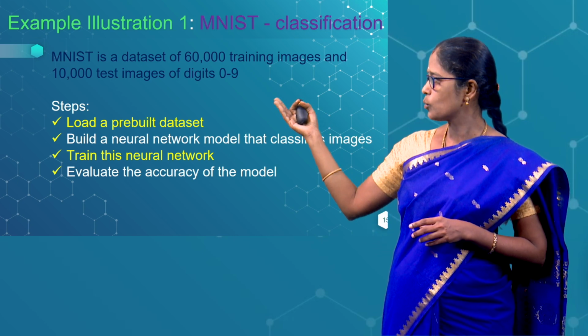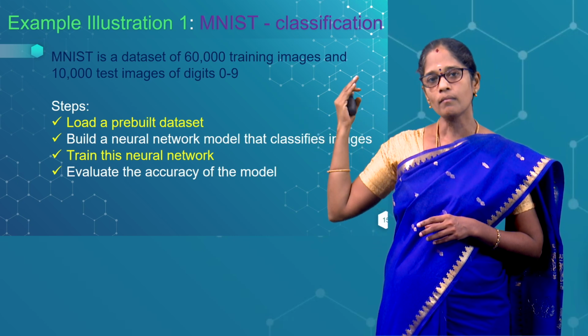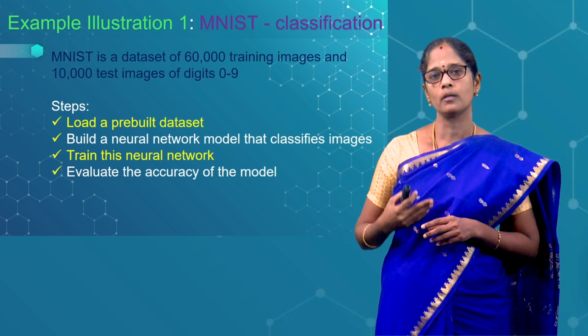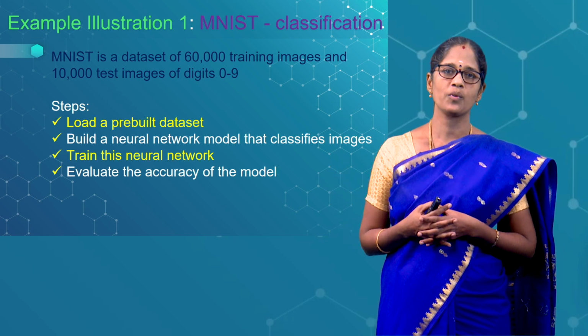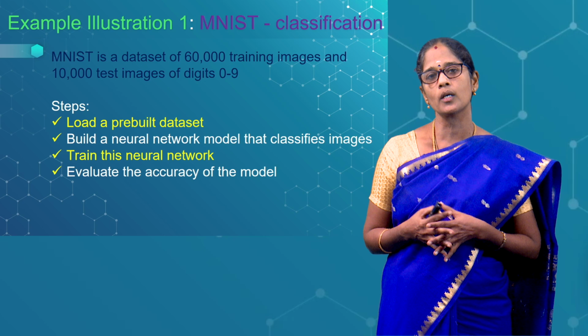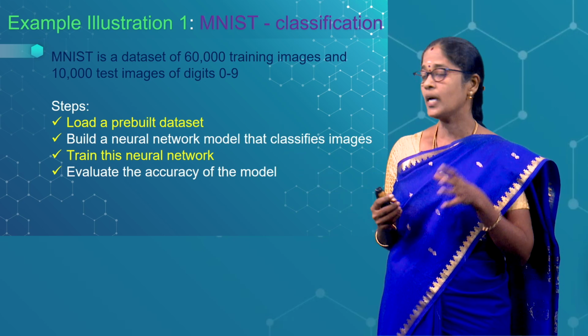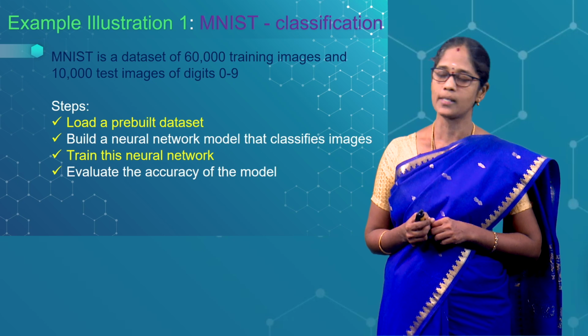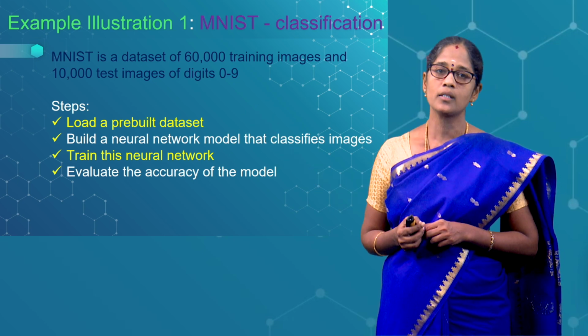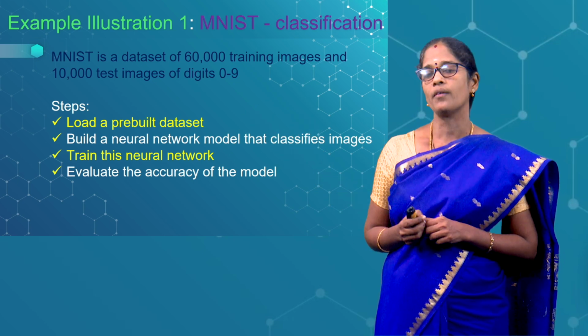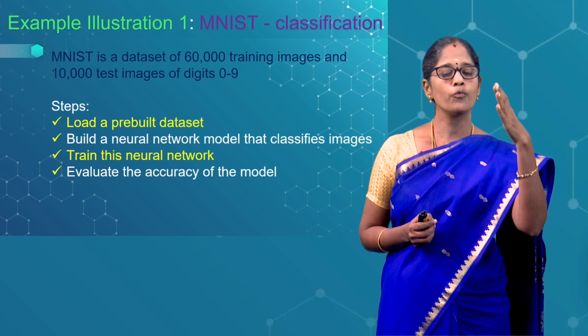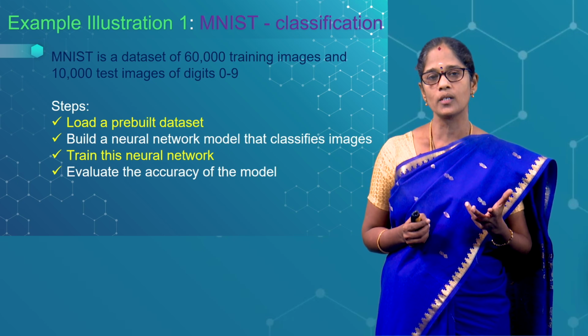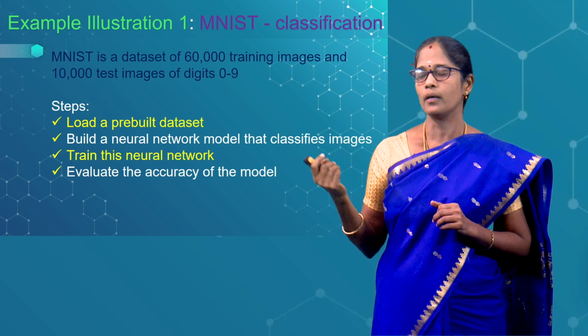So, here we need to take the public data set and download it into our Colab workspace, if you want to work online, and we have to tell which type of neural network we are going to build with that image data set, and we need to train it, and then we have to evaluate the accuracy of the model. So, these 4 are the basic steps for any deep learning model.